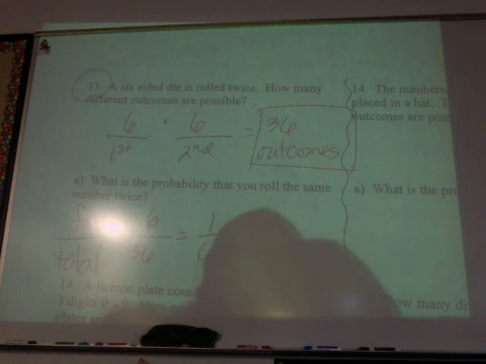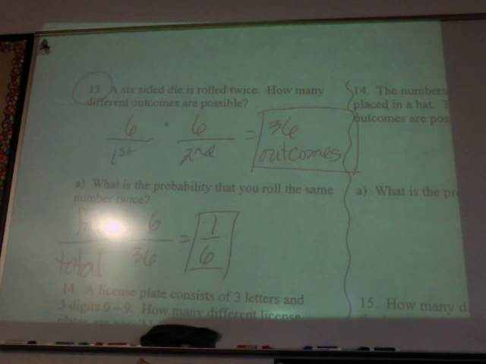1 in 6, right? Or, think of it this way. Let's say I want to roll, each number only has 1 chance of coming up on each die, correct? Once.